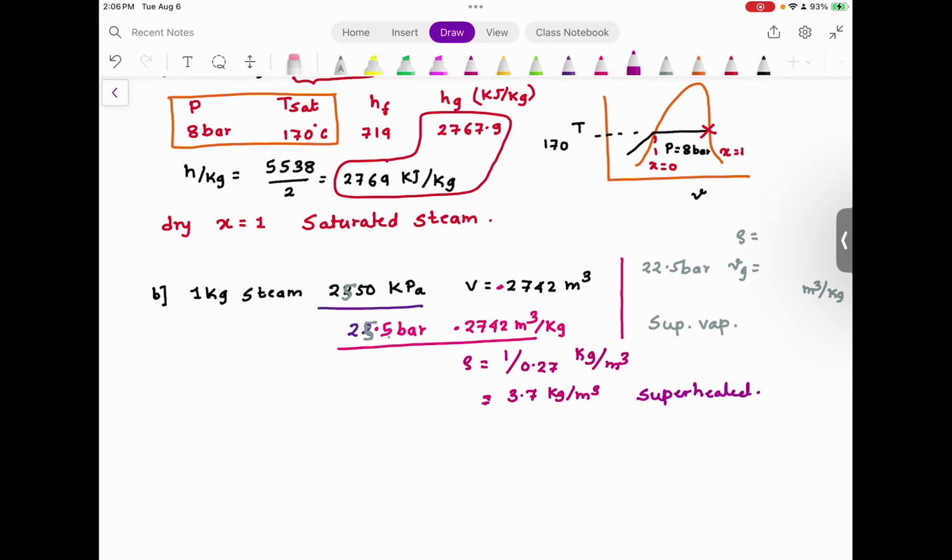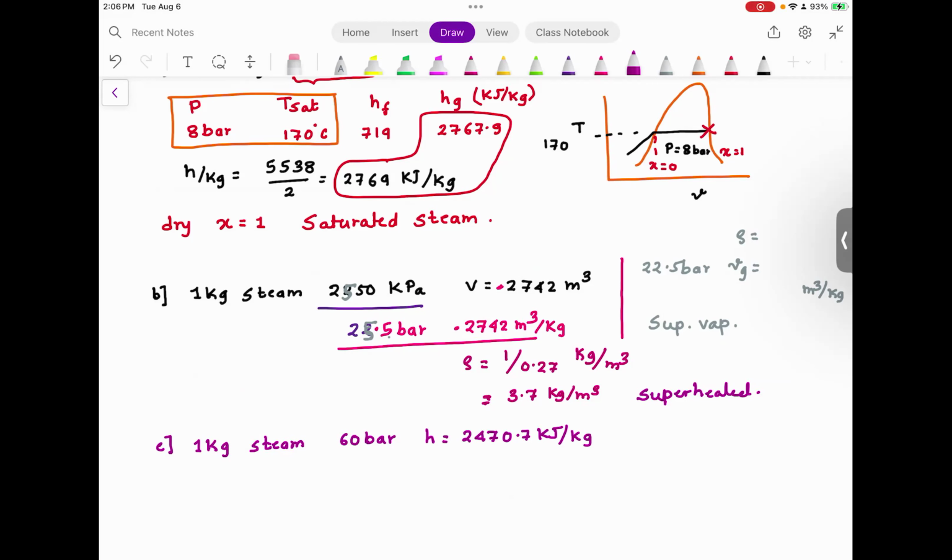Now the next and last part of this problem is C: 1 kilogram of steam at 60 bar with enthalpy 2470.7 kilojoules per kg. So now we are at 60 bar and enthalpy is 2470.